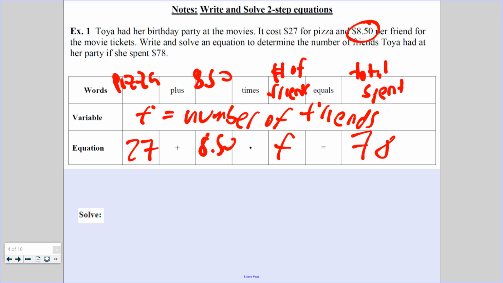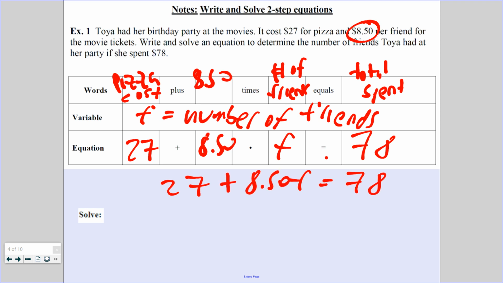How much did the pizza cost? $27. Plus $8.50 times the number of friends. What variable did I want to use for number of friends? Letter F equals the total spent. I spent $78. So it's 27 plus 8.50F equals 78.